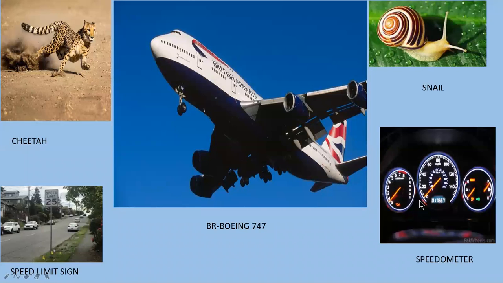Now, what is this? This is the speedometer. It is a clock-like structure with numbers 1, 2, 3, and the speed limitations are here, and the needles move with the moving vehicle and show the speed.